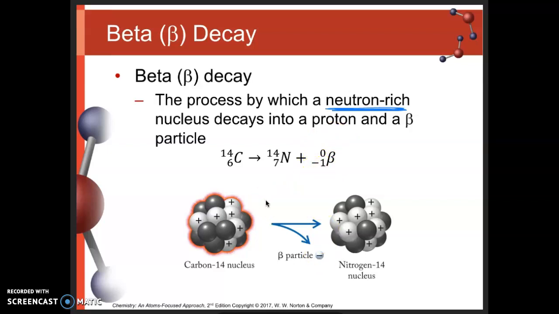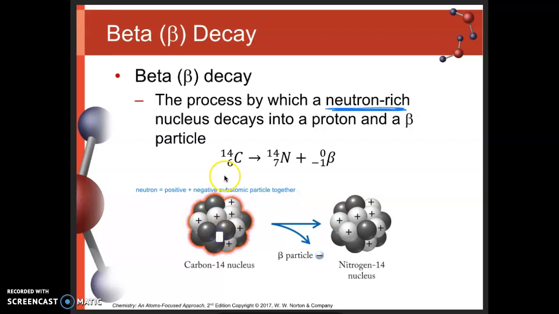And so the way to think about this in terms of subatomic particles is we can almost think of a neutron as being neutral because it has a positive and a negative subatomic particle inside of it.